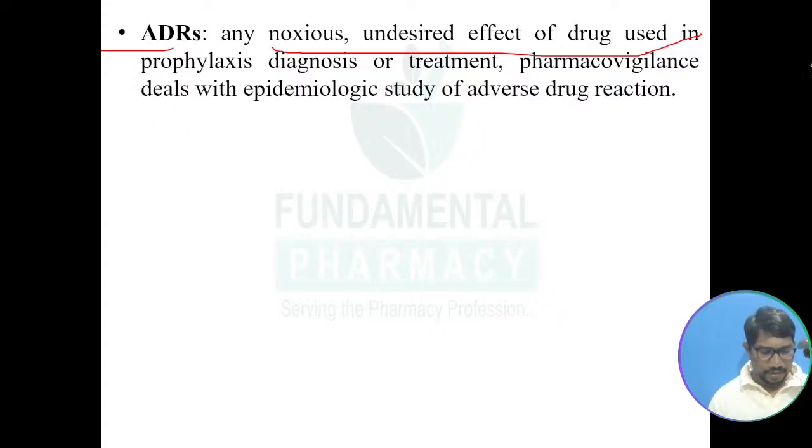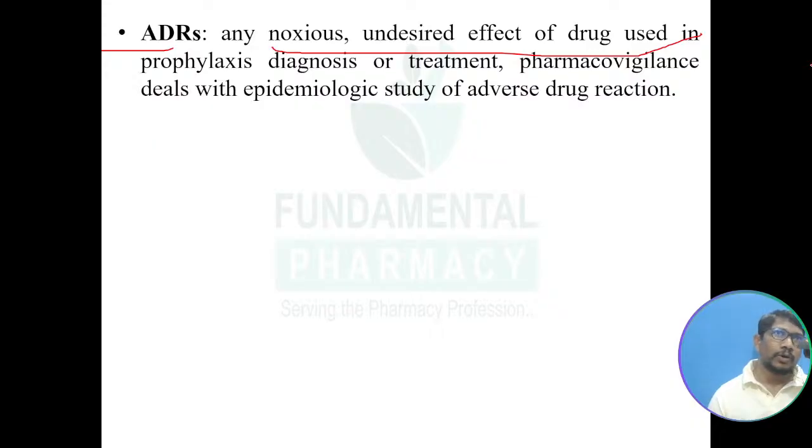Why are we taking a drug? If you have pain, we take a painkiller to decrease the pain. So it should decrease pain only. It should not produce any effect other than the desired one.